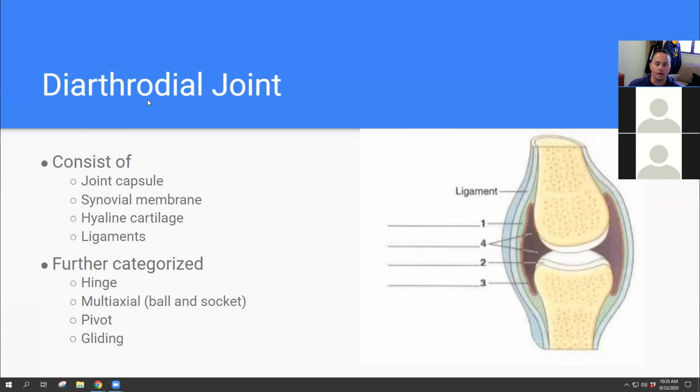So diarthrodial joints are also called synovial joints, okay? A synovial joint has to have these 4 components. These 4 components are a little bit different than what I have over here, but they must have a joint capsule. So number 1 here was the joint capsule, the green piece.